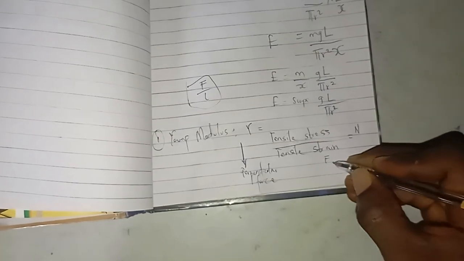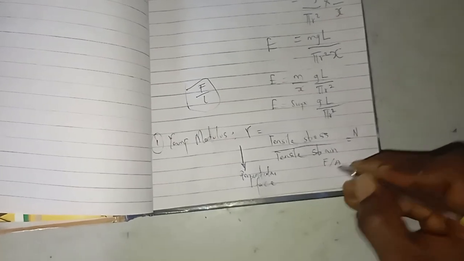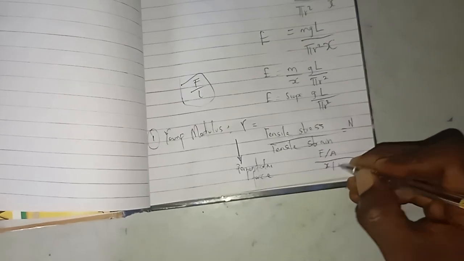So it's no longer, you know that this one here is saying force over area all over extension over L. But this one has to do with force over area all over change in volume over volume. That is why I call it bucket modulus. Whenever you're talking about volume, you are likely relating something to fluids.